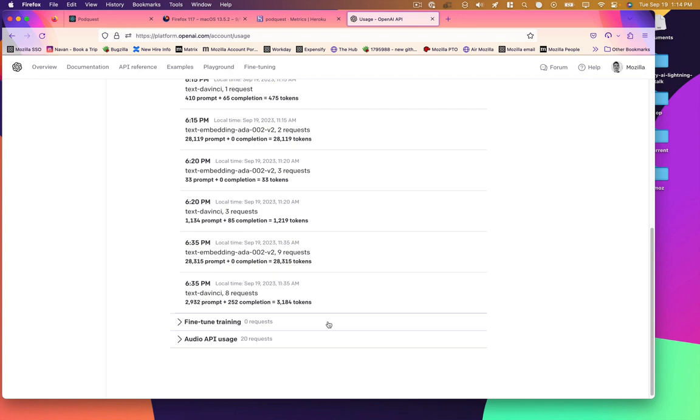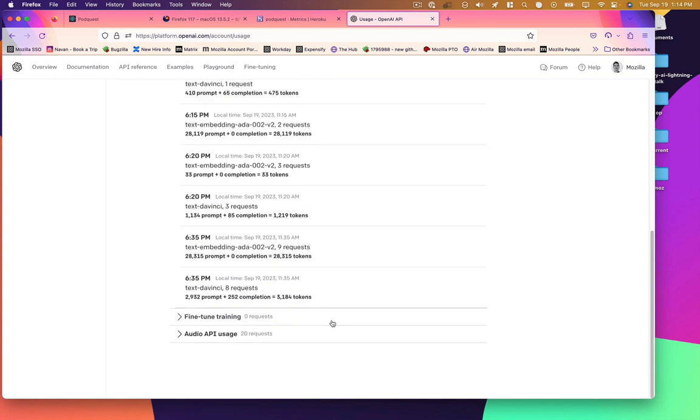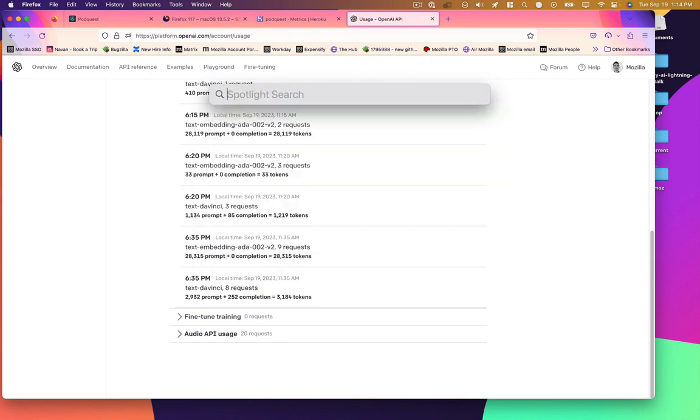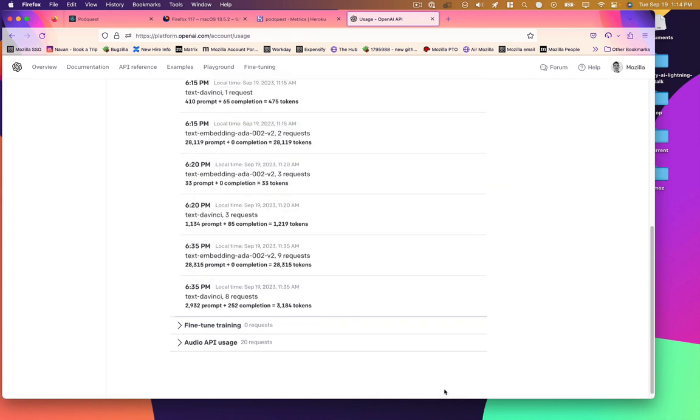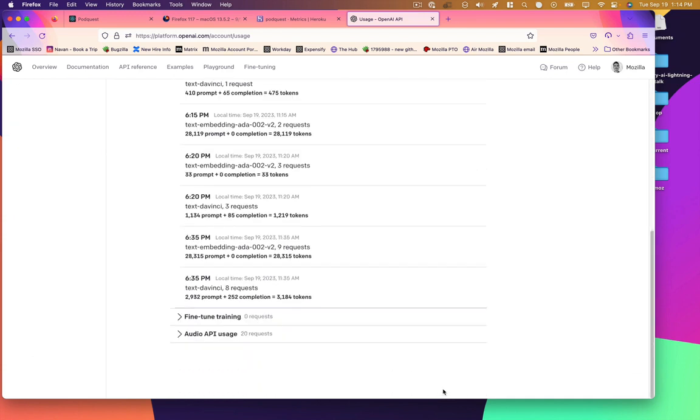So all in all, we've got 28,315 plus 3,184. That's about 31,500 tokens of text. And that translated into about 35 cents. So you can see what we're being charged there.